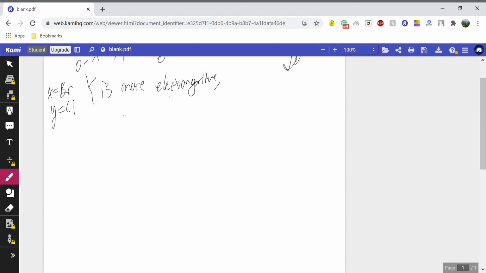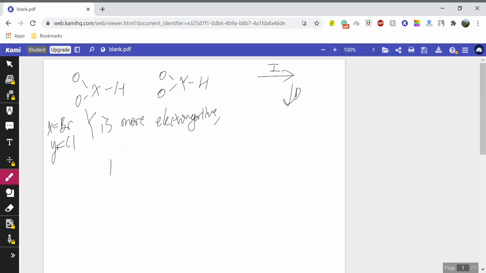And what does more polar mean? It means it will be more easily ionized. And so because HClO3 is more polar, it is a stronger acid. Now this only works in oxyacids when the number of oxygens is the same and the central element is different.